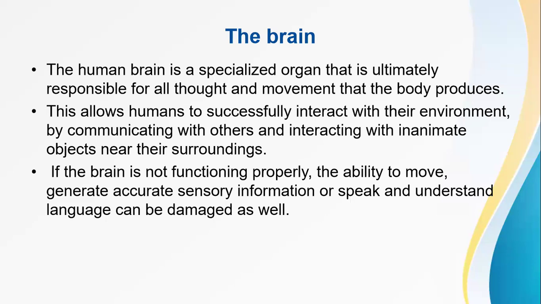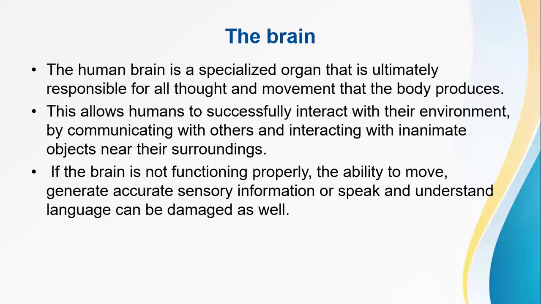Now, the human brain is a specialized organ that is ultimately responsible for all thought and movement that the body produces. It's the one that allows humans to successfully interact with the environment by communicating with others and interacting with the inanimate objects in their surroundings.